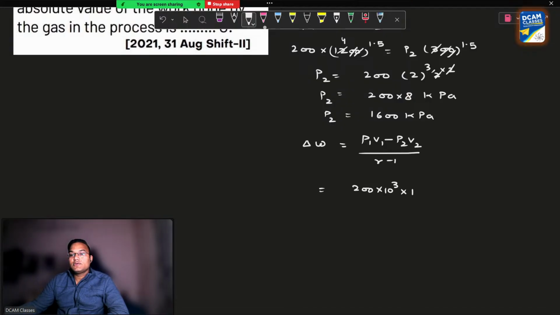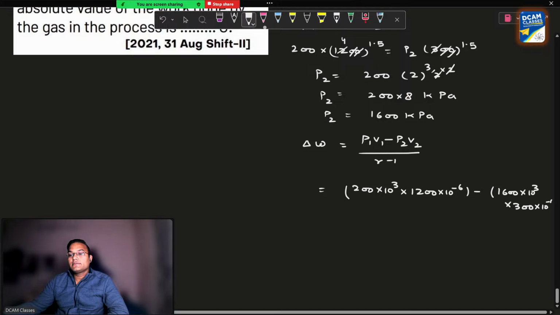V1 is 1200 into 10 power minus 6, minus 1600 into 10 power 3 into 300 into 10 power minus 6, by 1.5 minus 1.